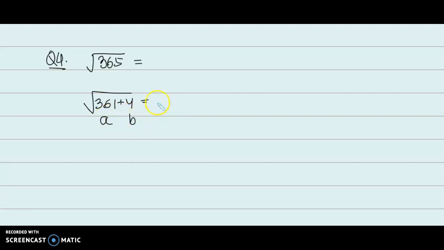So root a is root 361 plus b over, b is 4 as per this question, so write 4, and 2 times root 361. This is what our formula is. So root 361 is 19, and plus 4 by 2 times 19.